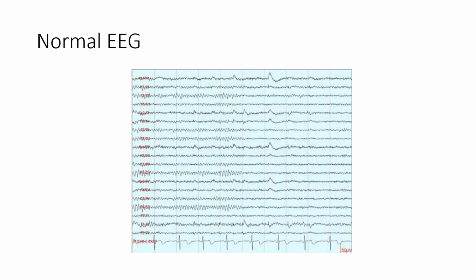The first 4 are on the left, anterior to posterior. The next 4 are on the right, anterior to posterior. And then again, we go left, more posterior this time, and then right-sided leads more posterior. And then at the bottom, we see an EKG lead as well.